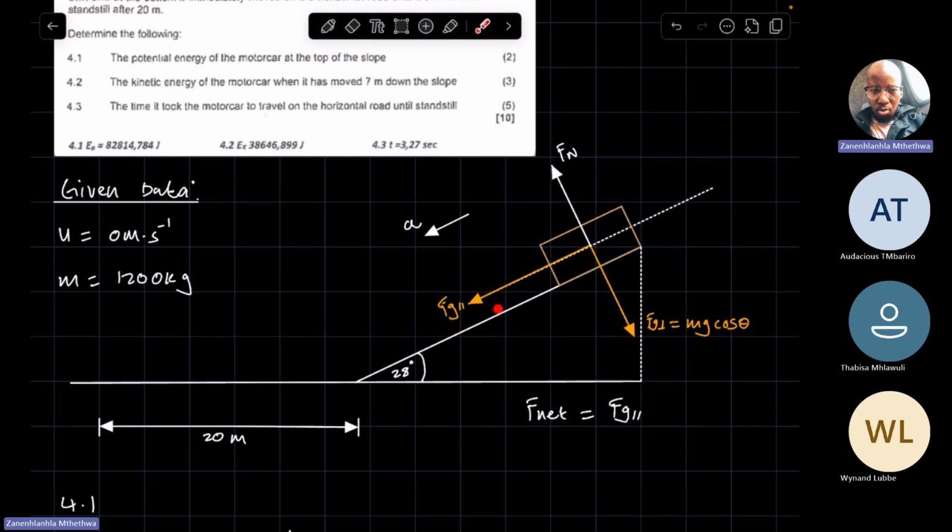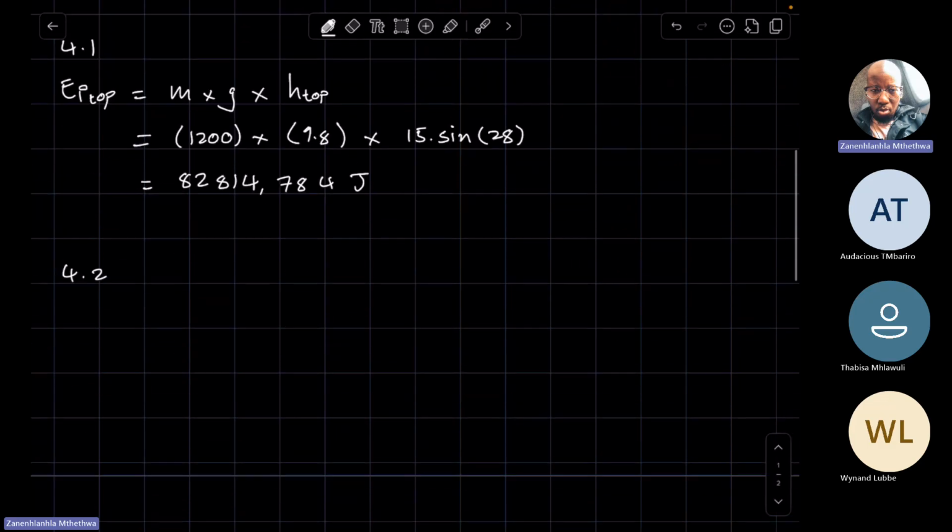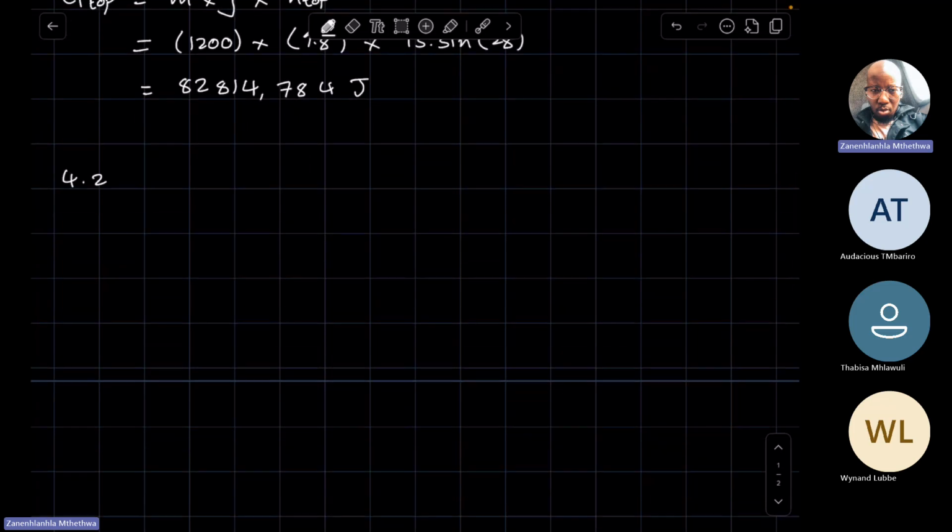Now there's many ways in which you can do that. One of which, probably the simplest one, is having to use the conservation of energy equation. That equation is the work done. So here, because the object is accelerating, that is why we make use of this.